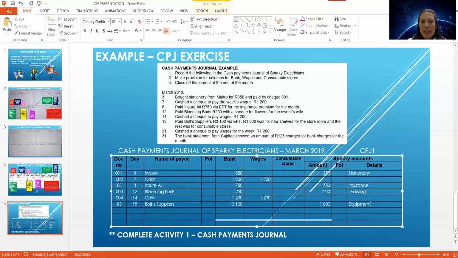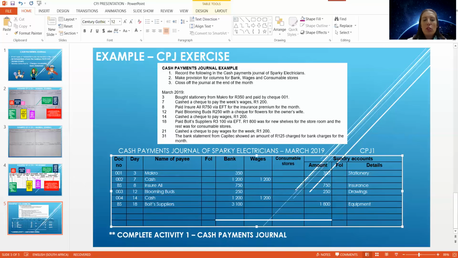Okay, so now they say the rest was for consumable stores. Now they don't give us an amount. What do we do? How do we know what's the amount for consumable stores? Simple subtraction sum. You say 3,100 minus 1,800, and that should give you 1,300. Right, where do we put that?